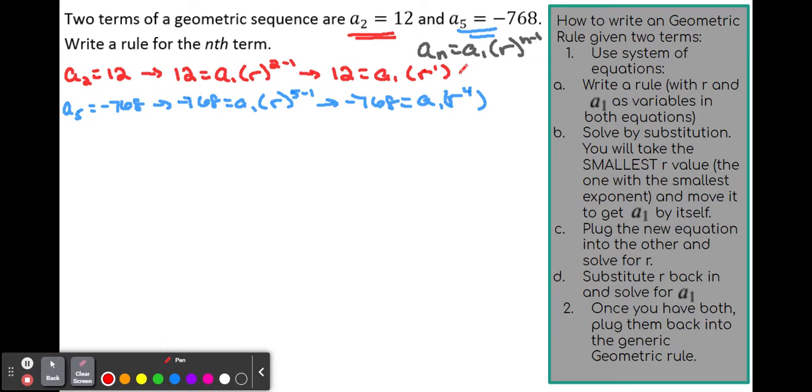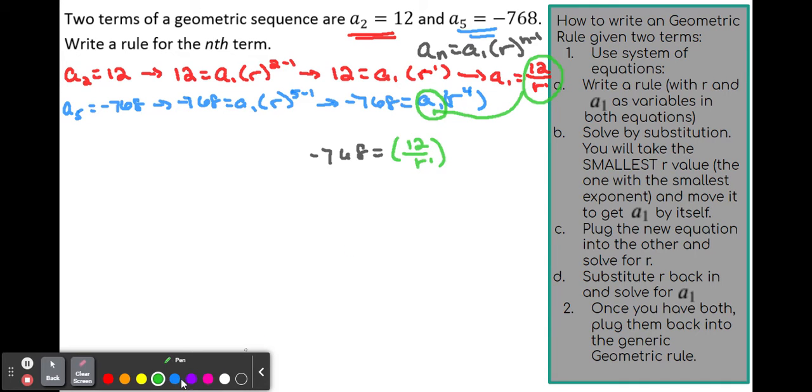So this is my smaller equation. If I get A sub 1 by itself, all you're doing is dividing. So 12 divided by R to the first. Then take that and you're going to substitute in the A sub 1 in the next problem. So this is going to look like negative 768 equals 12 over R to the first times R to the fourth.